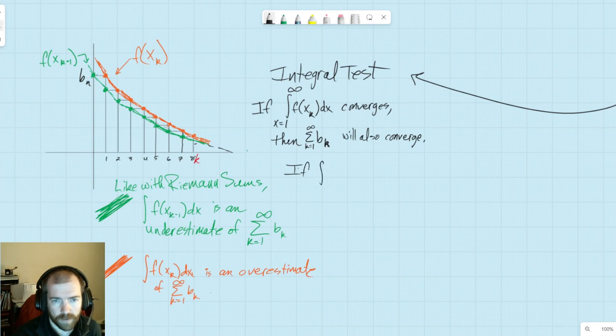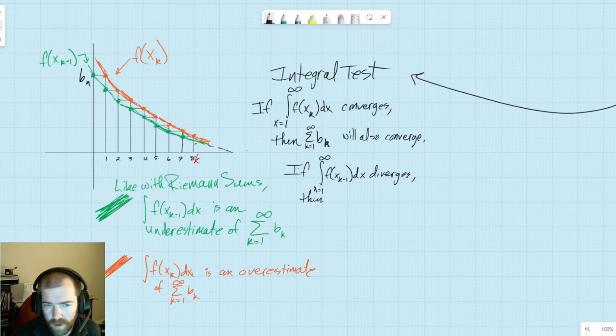If the integral from x going from 1 to infinity of f of x sub k minus 1 dx diverges, then the sum as k goes from 1 to infinity of b sub k will also diverge.